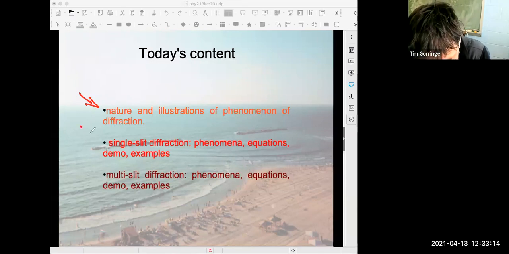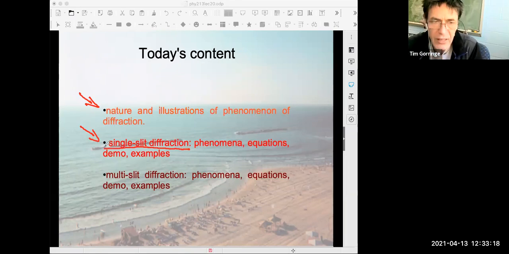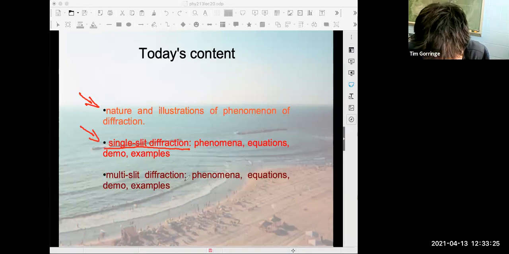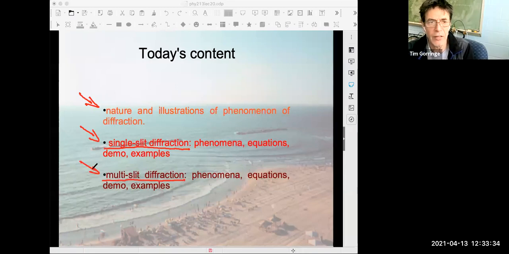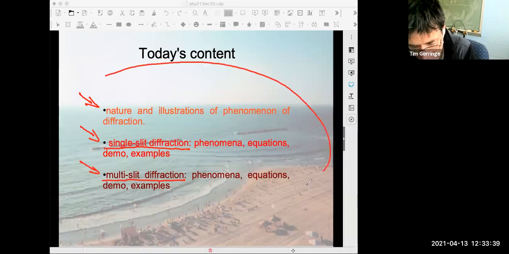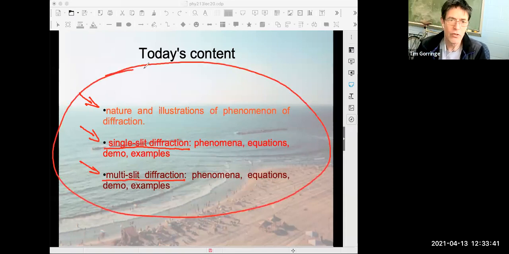We're going to look at one specific case, which is called single slit diffraction. And we're going to explore that in some detail. And then we're going to look at a second specific case. It's called multislit diffraction, and we're going to examine that in some detail. And so this is the path for today's class if this mission is successful.